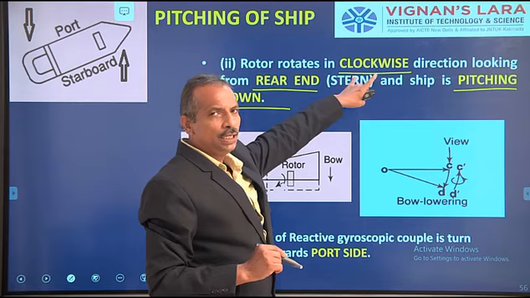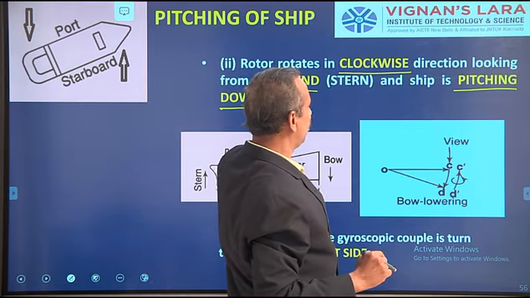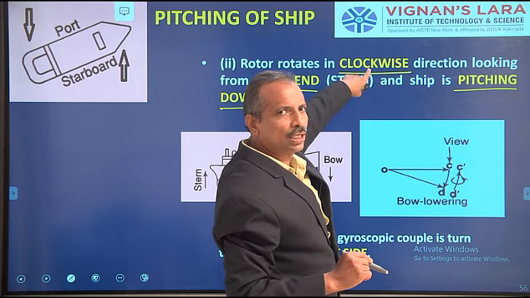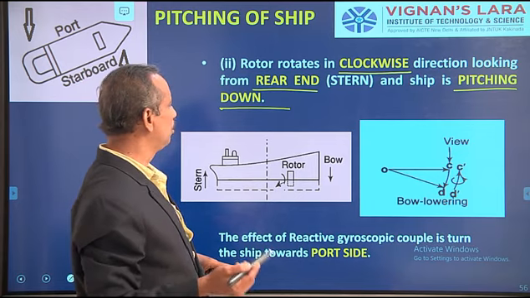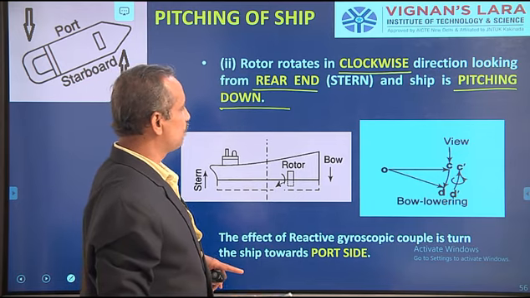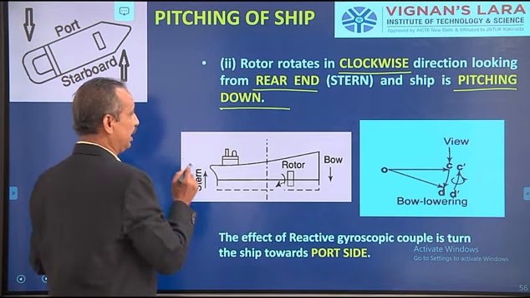So let me repeat, rotor rotates clockwise and pitching is down and the direction of looking is the rear end. Just now I told you how to identify the spin vector, the same way, applying your right hand thumb rule.